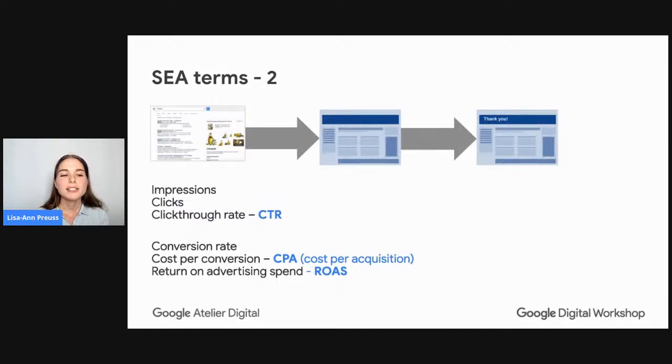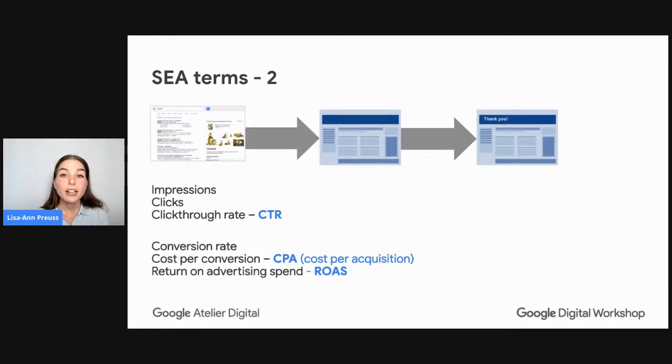We also briefly discussed impressions. Again, an impression is when your ad is displayed. A click is pretty self-explanatory. And with these two metrics, we can calculate the click-through rate of an ad. And we do that by taking the clicks and dividing them by the impressions times 100.